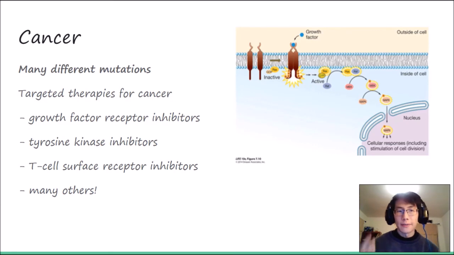But what's really fascinating about that is that because you have specific mutations within specific parts of the signal transduction pathway, you can actually develop drugs and therapies to target specific mutations. So rather than doing broad spectrum radiation or chemotherapy, if you are able to detect specific mutations within cancer patients, you can utilize drugs to target those specific patients.